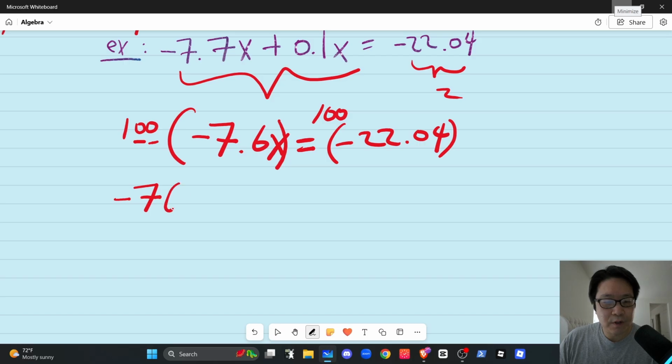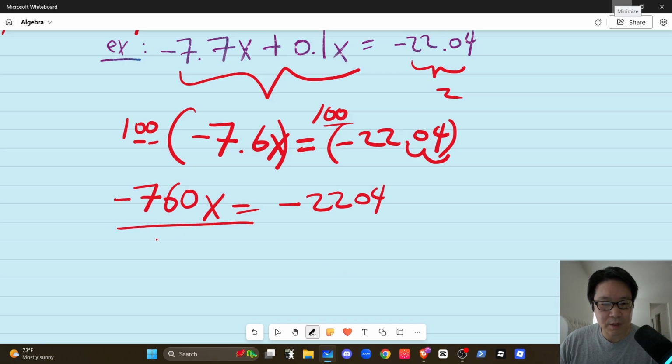So when you move the decimal point 2 places to the right, you get negative 760x. And on the right side, we do the same thing. There are 2 zeros, so you multiply negative 22.04 by 100, and the decimal point goes 2 places to the right, and you're left with negative 2204.